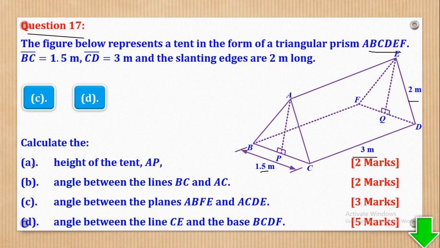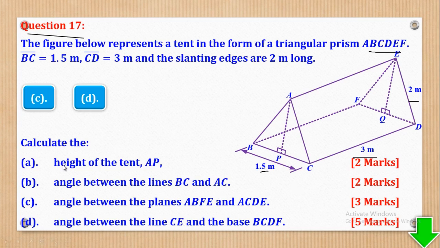Calculate part A, the height of the tent AP; part B, the angle between the lines BC and AC; part C, the angle between the planes ABFE and ACDE; part D, the angle between the line CE and the base BCDF. So we shall start with part A.